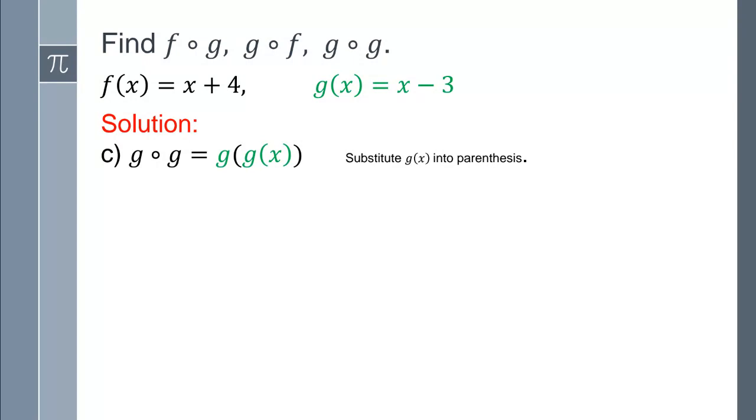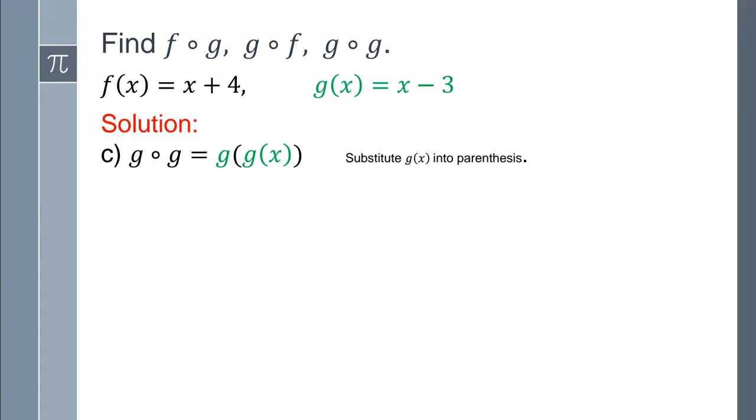We get a lot of questions on this one from our students. They're not sure how to evaluate this, but it's straightforward. What this is saying is that I want to evaluate g composed of g, of itself. So I have function g, and into function g, I'm going to put the same function g.